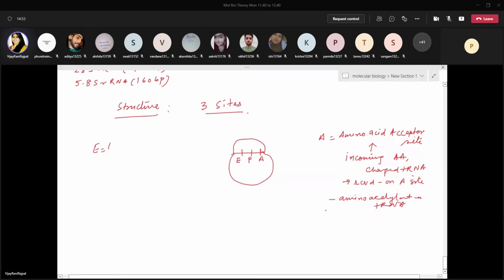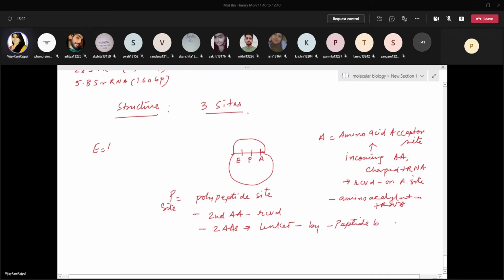The P site is known as the polypeptide site. Once a second amino acid is received, the two amino acids now present are linked by a peptide bond.